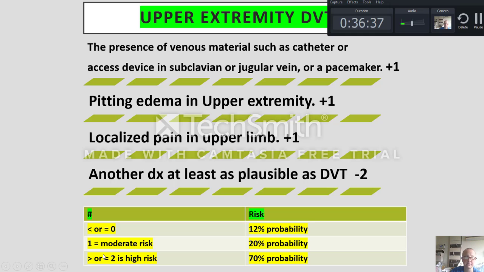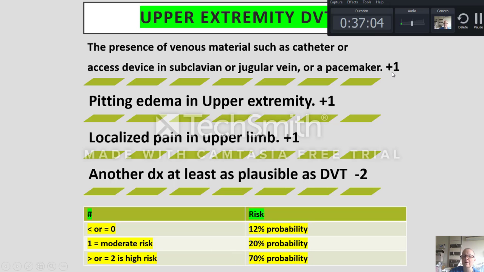So if you go down here to the bottom, you see 1 equals a moderate risk, 20% probability, and 1 or greater to 70% probability.